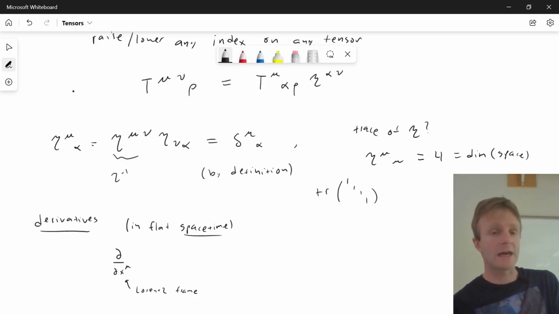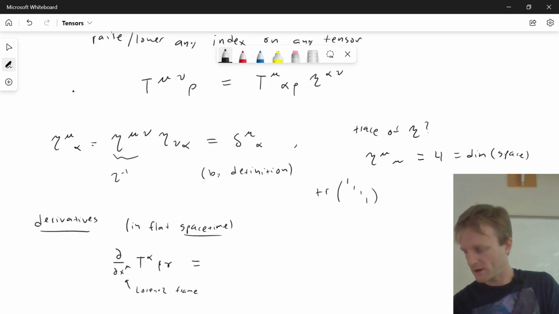But if you do that, and you take any tensor, T alpha beta gamma, this thing is a good tensor with 4 indices. So we usually write it as partial mu T alpha beta gamma. So that's just notation.